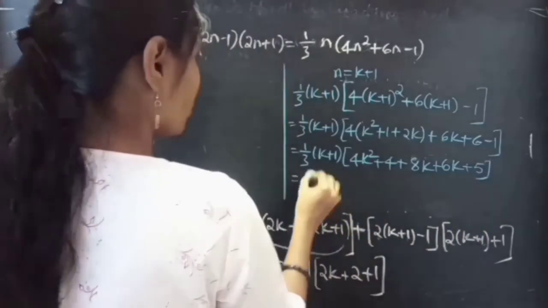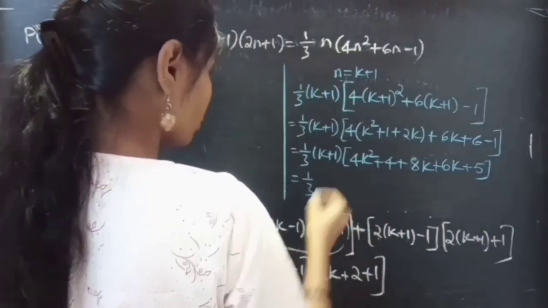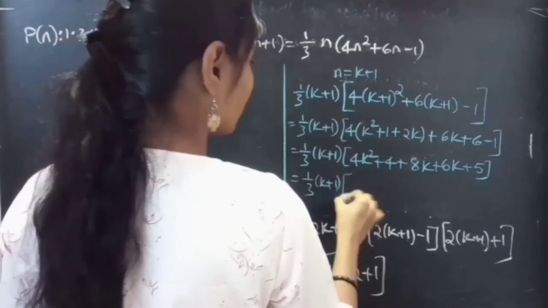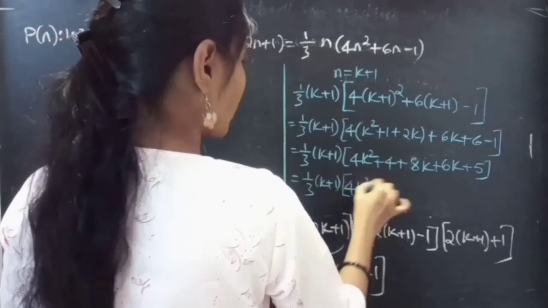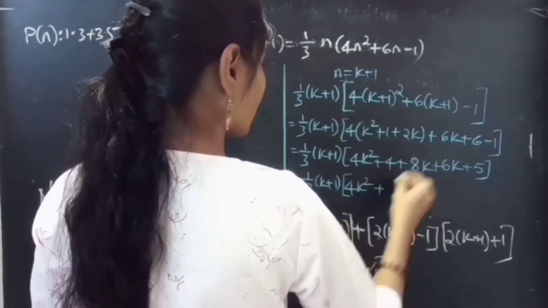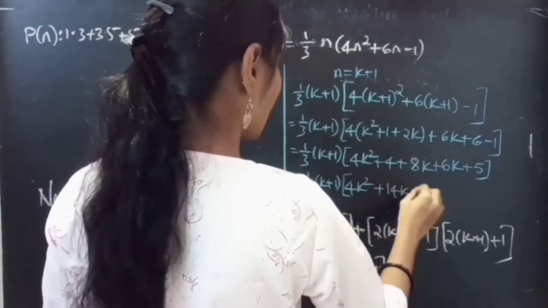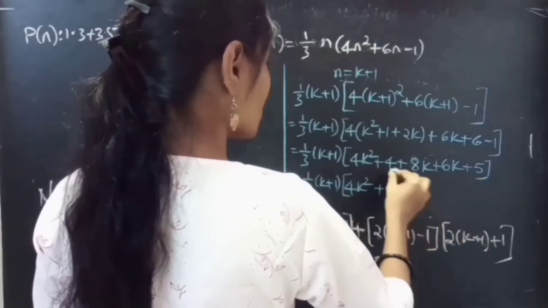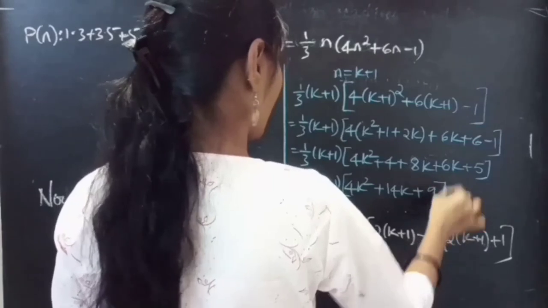This equals 1 by 3 into k plus 1 into 4k squared. Now add k terms: 8 plus 6 is 14, 14k plus 4 plus 5 is 9. Okay.